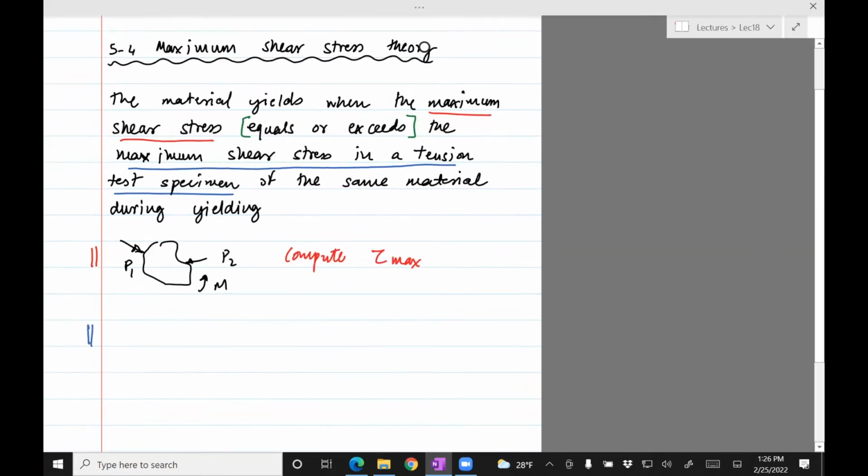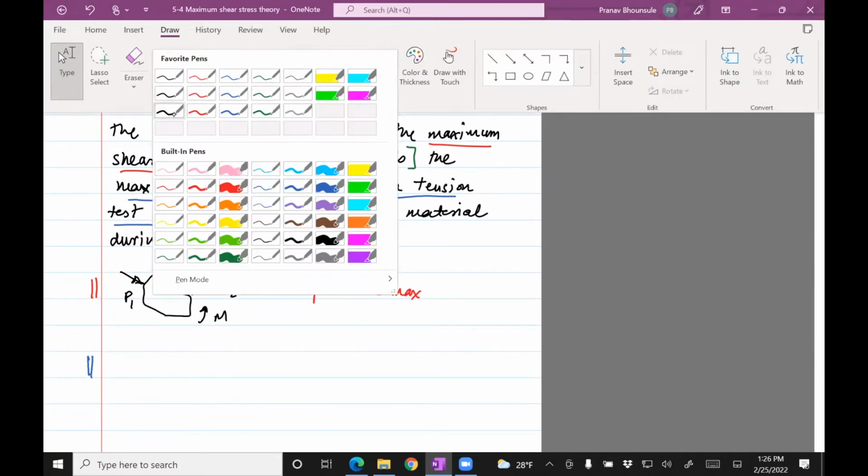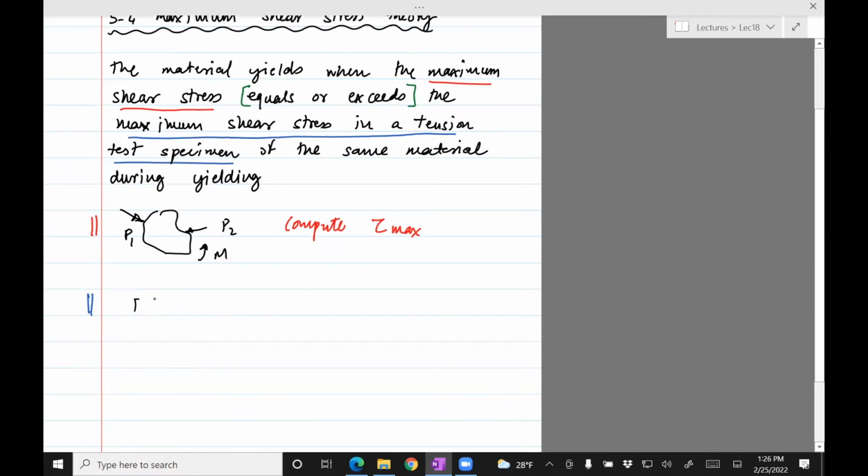Then what we'll do is find the corresponding one. So the blue thing is what you want to compute. Use a tension specimen and subject that to a tensile force. Let's say it begins to yield when the stress is Sy, the yield strength.